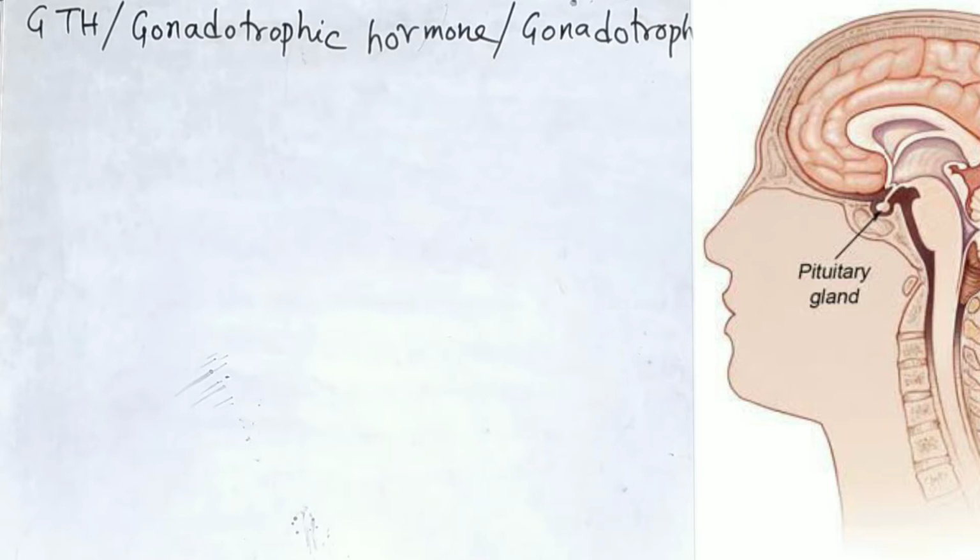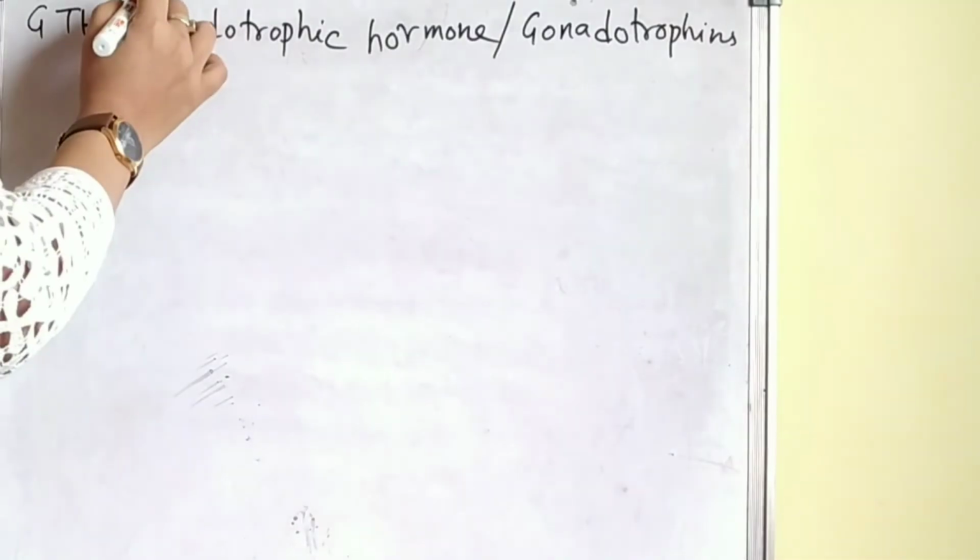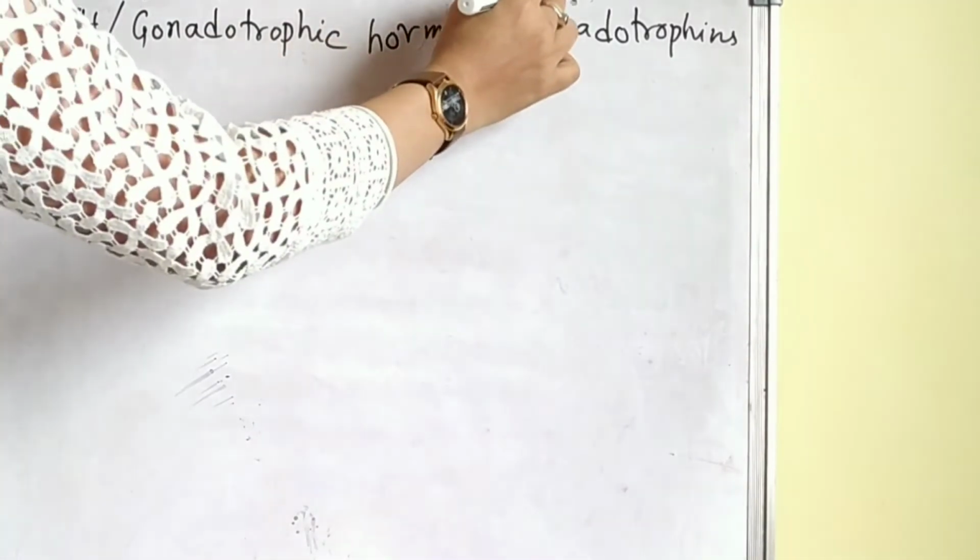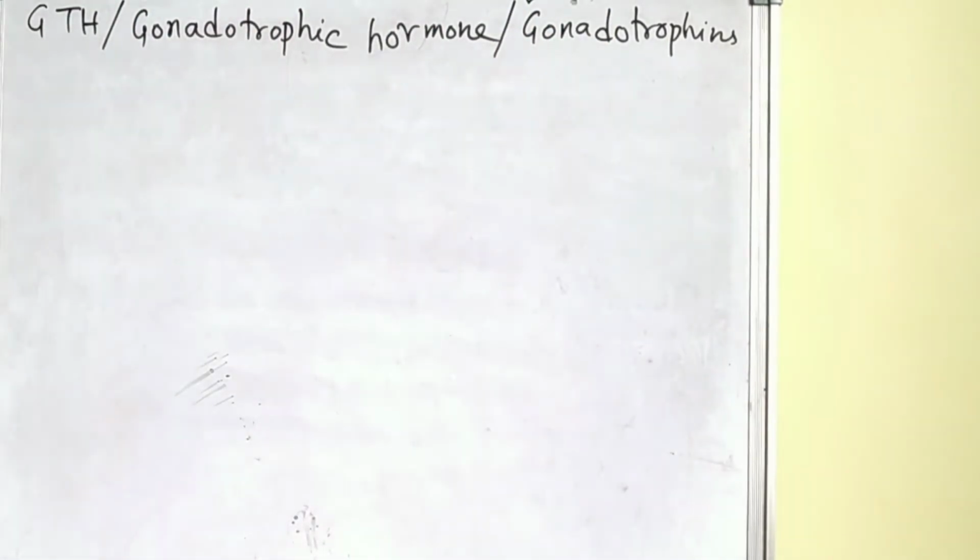Next, moving to the GTH or gonadotrophic hormone or gonadotrophins. GTH is also secreted from the basophil cells, and it controls the growth and activity of the gonads.